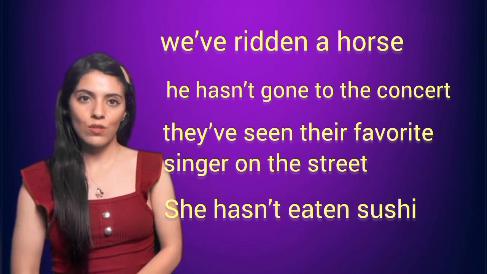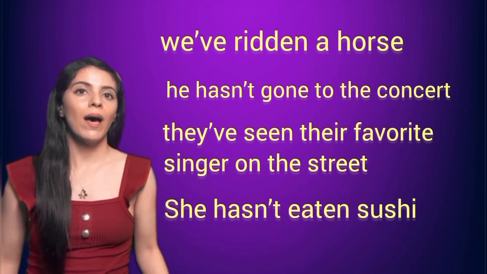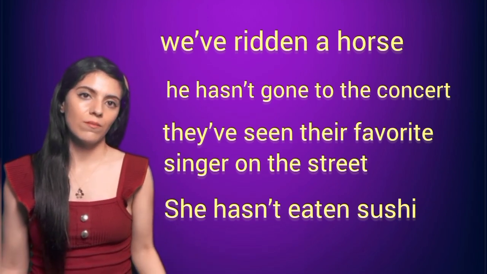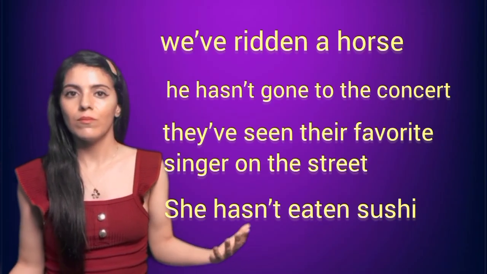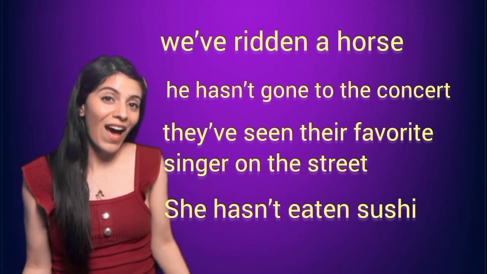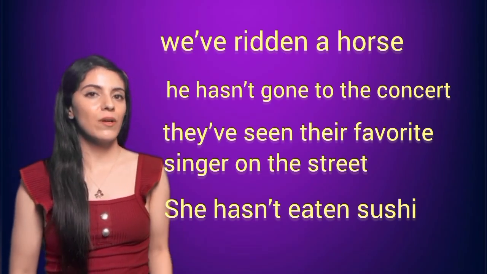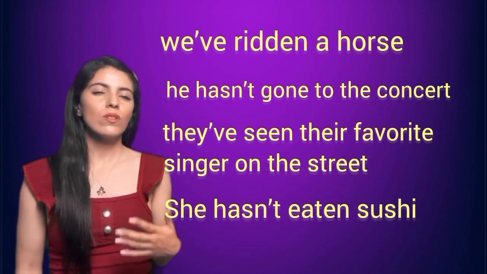She hasn't eaten sushi. As you notice, I'm talking about experience. Some people experienced that, some people didn't or haven't, right? That's why for experiences, we almost always use present perfect. Don't forget that, okay?